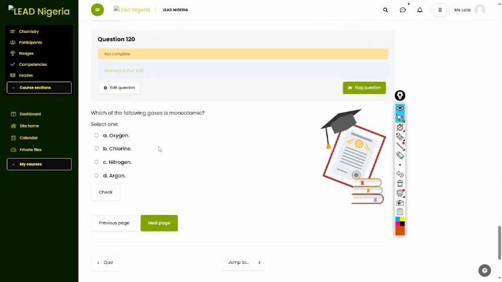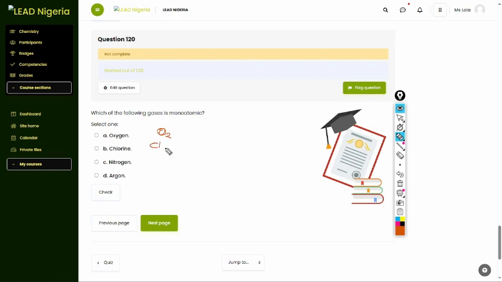Which of the following gases is monoatomic? Metals and noble gases can exist as monoatoms, meaning they can become stable as one atom, while non-metals have to combine to form molecules. Oxygen is not stable as one atom, so an oxygen molecule is formed from two atoms of oxygen, O2.